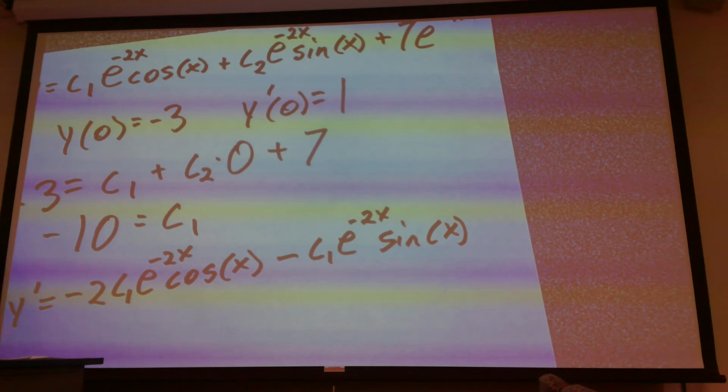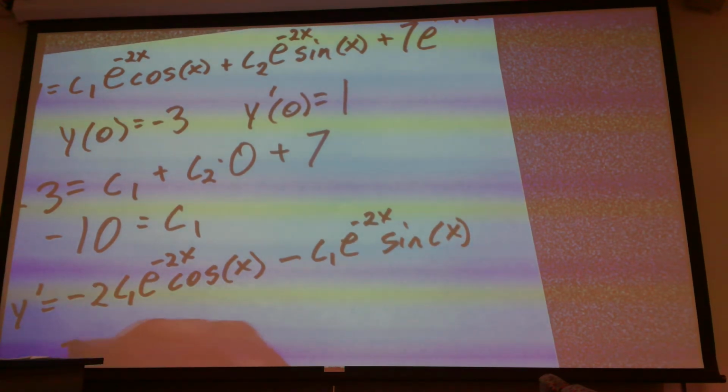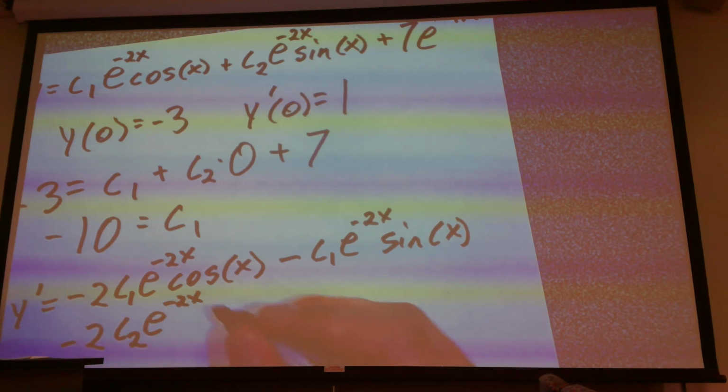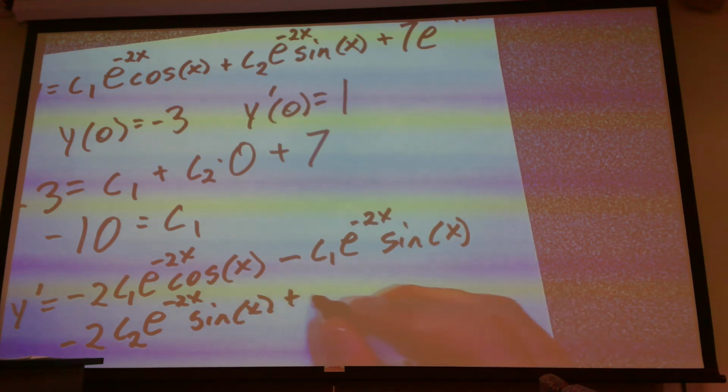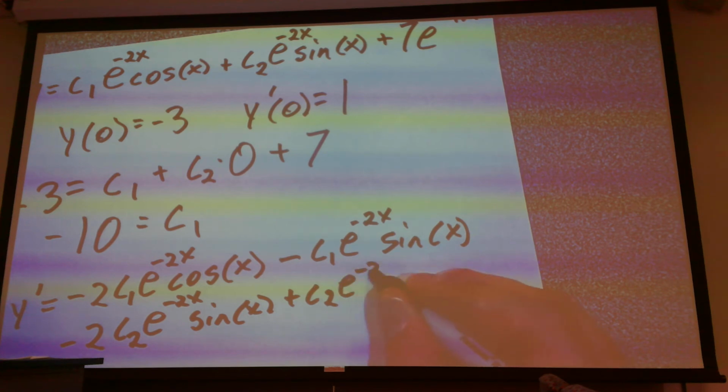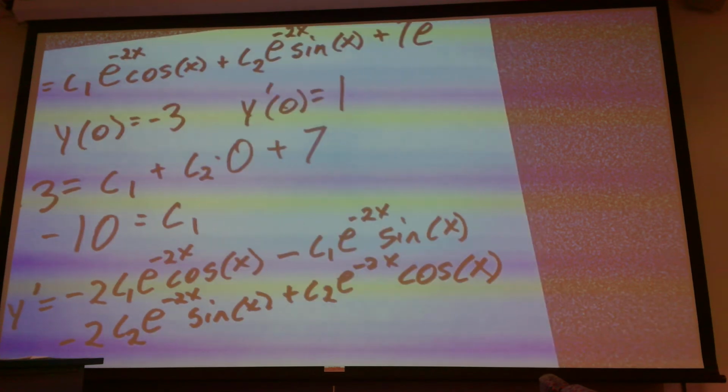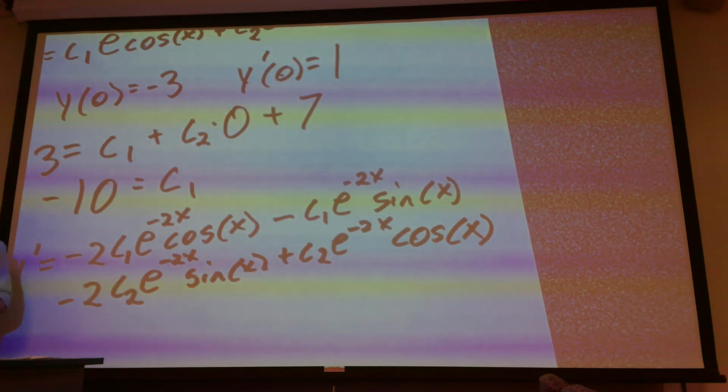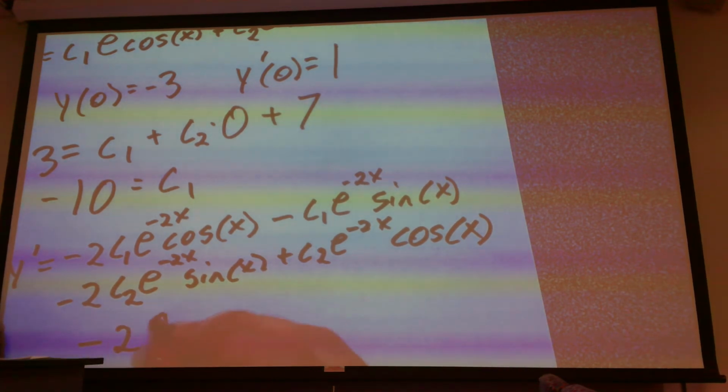Now we have to consider the derivative of the next term. So that would be minus 2 c2 e to the minus 2x, now multiplied by sine of x, and then plus c2 e to the minus 2x, now the derivative of sine is cosine of x. Okay, so on both of those, you're going to have to do the product rule. And then we have to consider our guy at the end. So this is going to be minus now 28 e to the minus 4x.